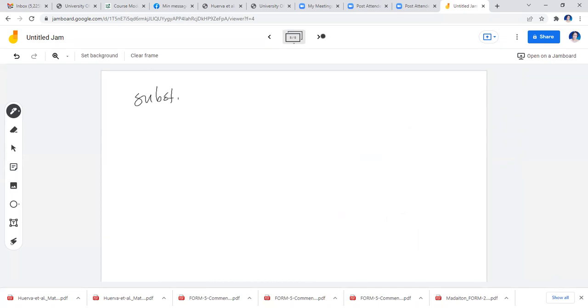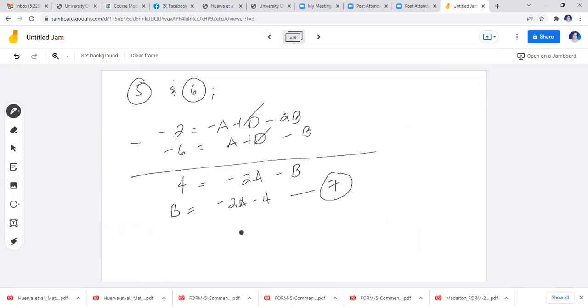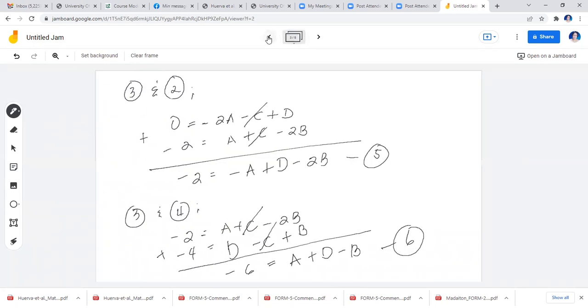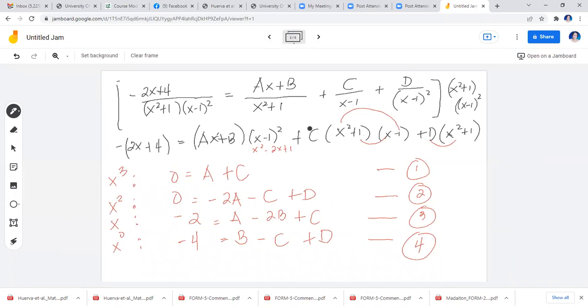But maybe there's another route. I was not able to see it. Substitute b to 3. This b will be substituted to equation 3.